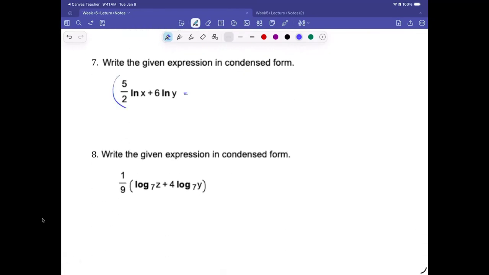So 5/2 is an exponent. Anything with the front number, or fraction, that is exponents. Like that. But we're not done. With addition means what? Multiplication.